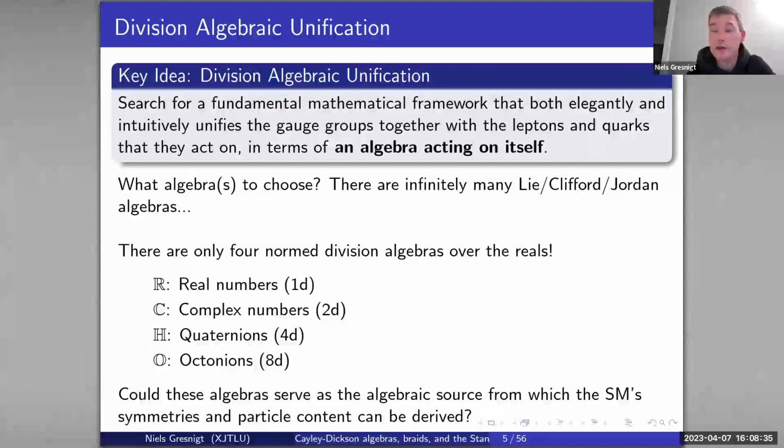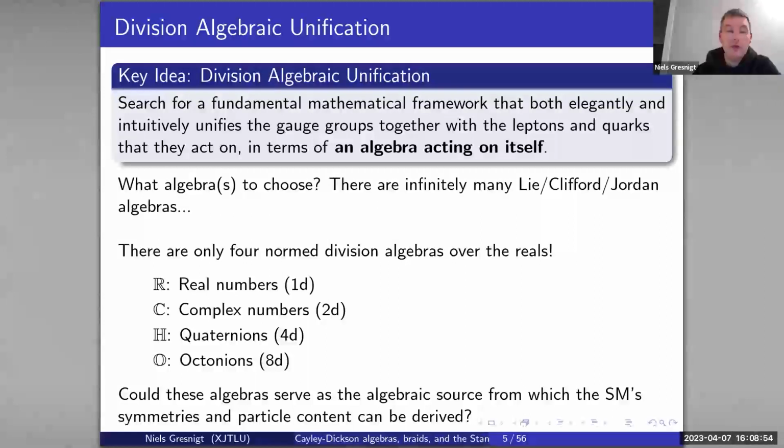Because we have so many different algebras we could, in theory, choose from. Particularly, if you look at the Lie algebras or Clifford algebras or Jordan algebras, there are infinitely many. However, there are only four normed division algebras over the field of real numbers. So these are the real numbers, complex numbers, the quaternions, and the octonions.